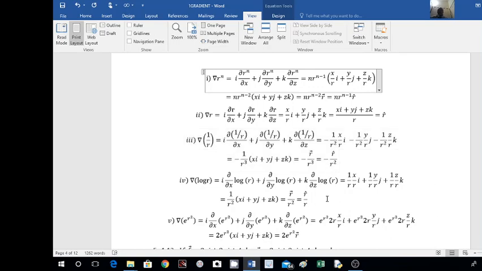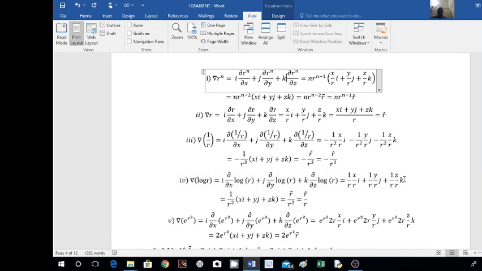In a similar way, the fourth one, del of log r. By the definition, i dou phi by dou x of log r plus j dou phi by dou y of log r plus k dou phi by dou z of log r. This is equal to dou by dou x of log r. The derivative of log r is 1 by r into the derivative of r with respect to x, which is x by r. Plus dou by dou y of log r, derivative 1 by r into y by r.